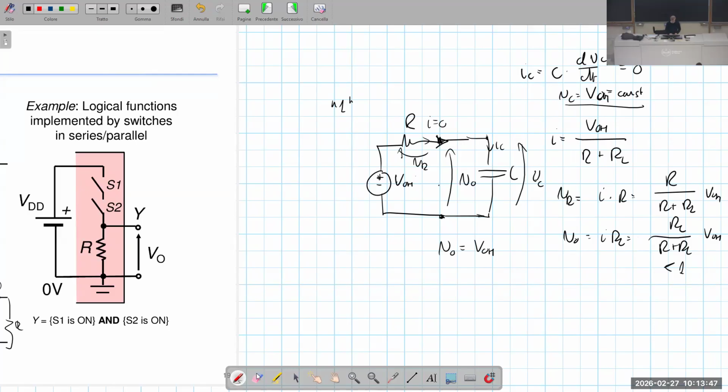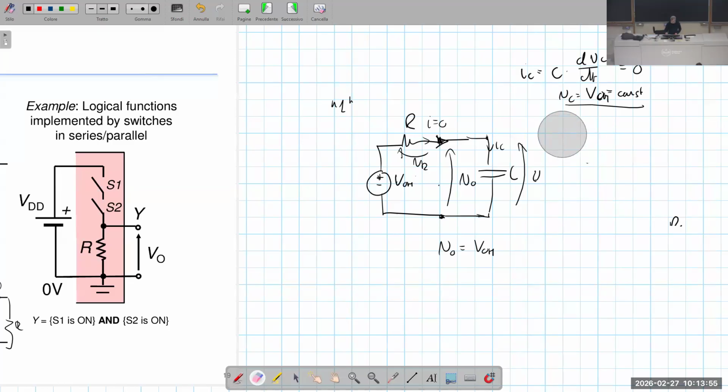So again, as far as the capacitor can be regarded as an open circuit, we go back to the previous case, and we can say that I is equal to 0 and VO is equal to VOH. The same is true at the low level. VO is equal to VOL. Is that clear?